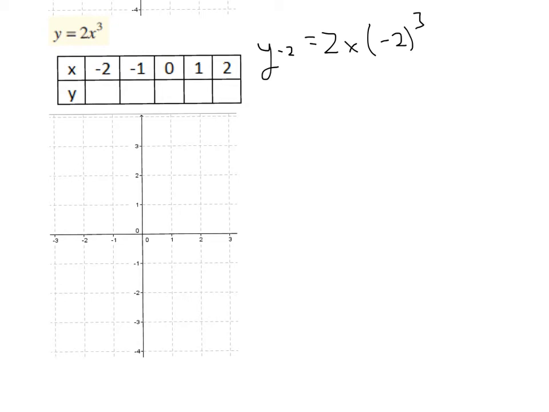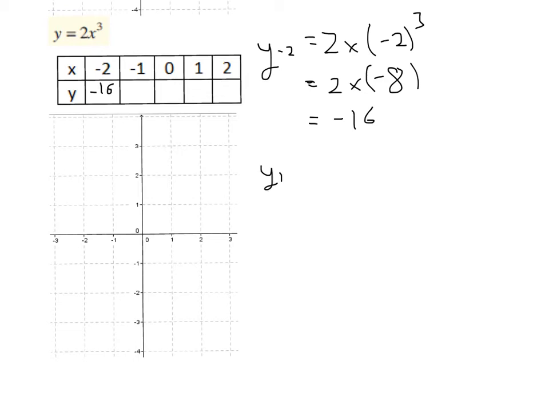Now, unlike a parabola, we can have negative values because we multiply 2 with minus 2 to the power 3. Now that's minus 2 times minus 2 times minus 2, and it is 8, however it's a negative 8. So the answer there is minus 16. So I'll write in minus 16 there.